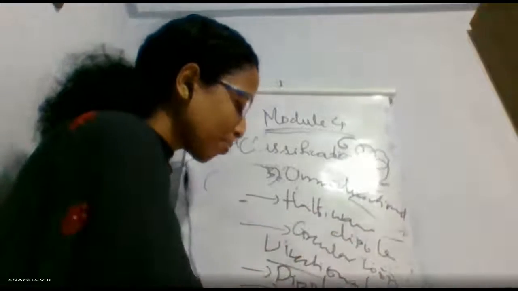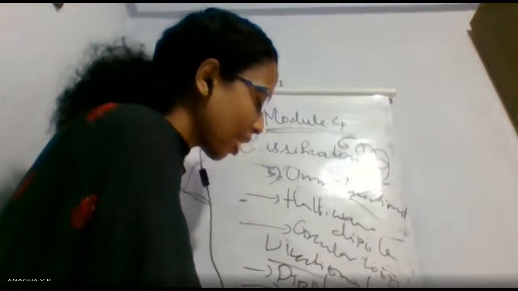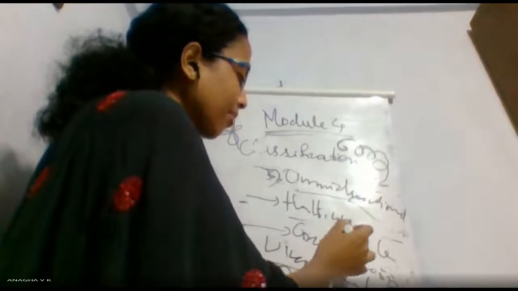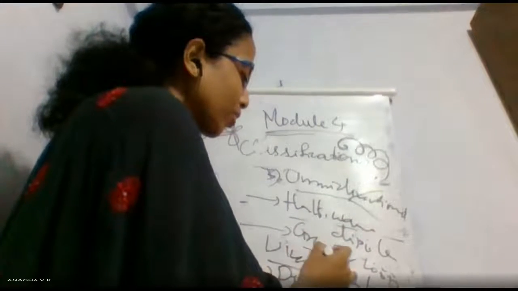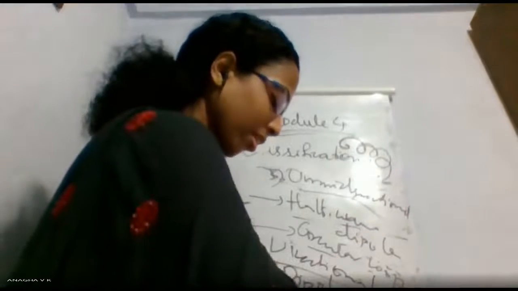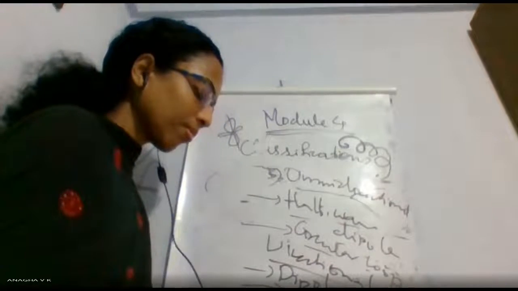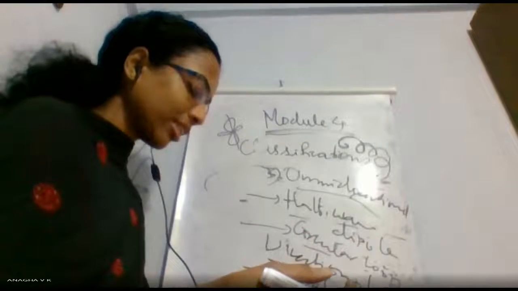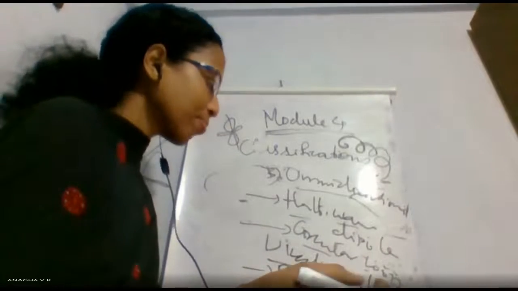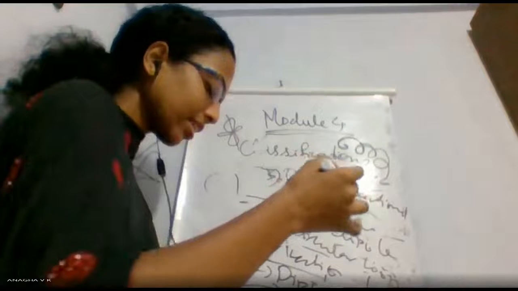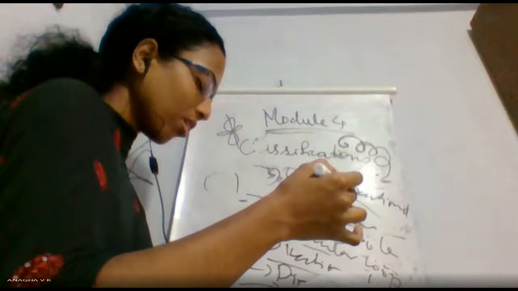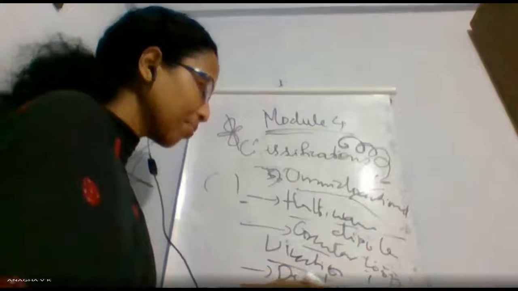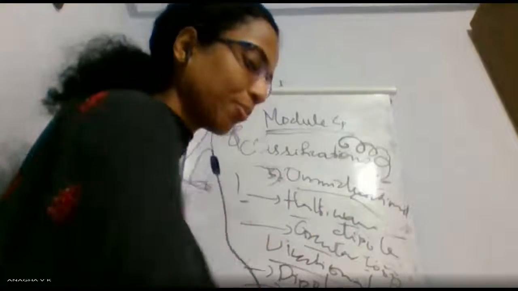Directional means dipole, horn and parabolic. Omnidirectional means half wave dipole and circular loop.